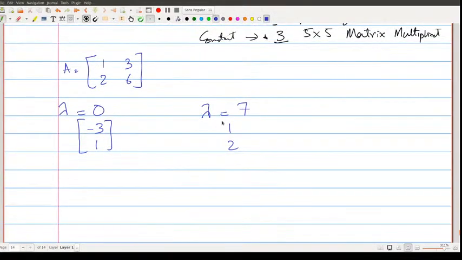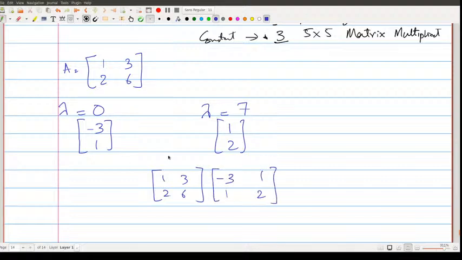So we have A times the eigenvectors, minus 3, 1, 1, 2. This is A times V, and we know that this will give us V times D. Let's put it together immediately because we know what V is and what D is. D is going to be 0, which is associated with this, and 7.